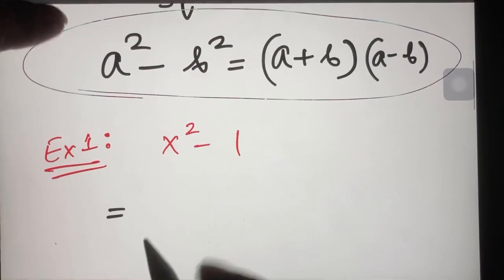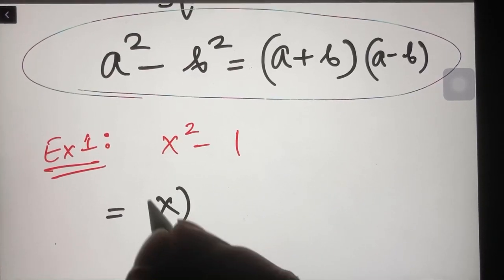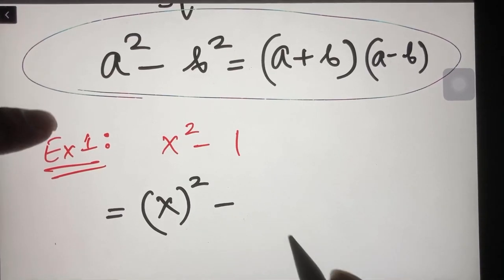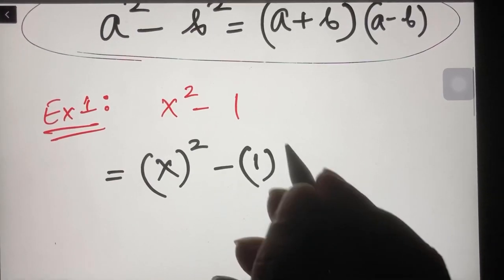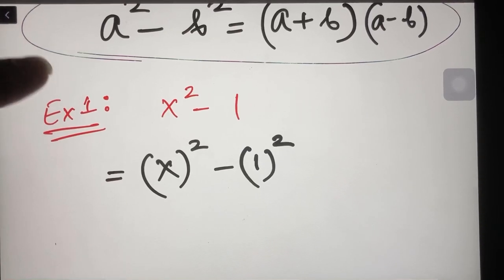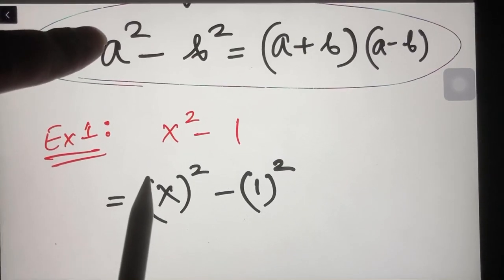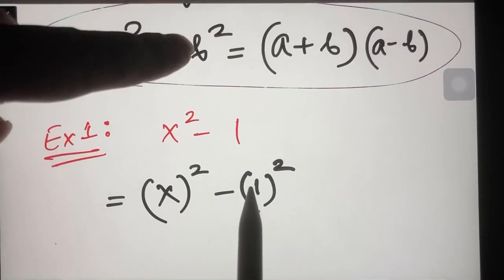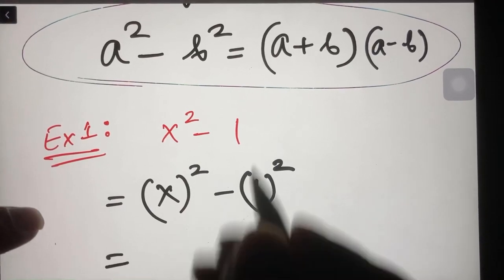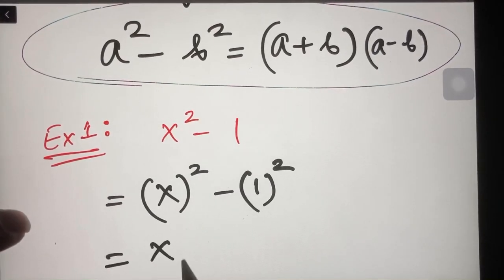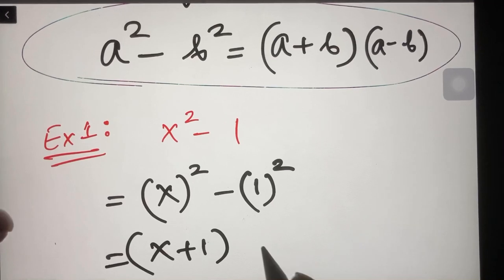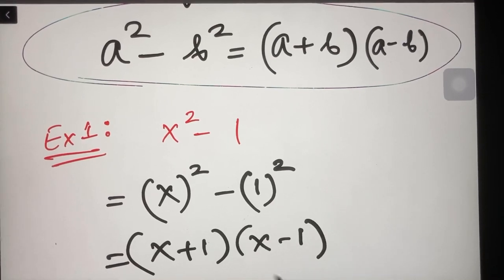So x square, think of x as x square minus 1. Well, 1 can also be written as 1 square, isn't it? So think of x like a and think of 1 like b. So I can write a plus b, so x plus 1 times x minus 1, and that's it.